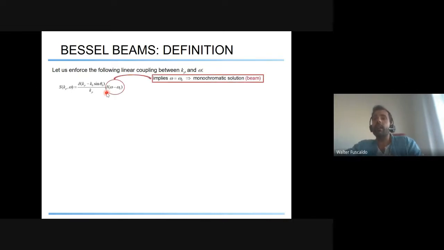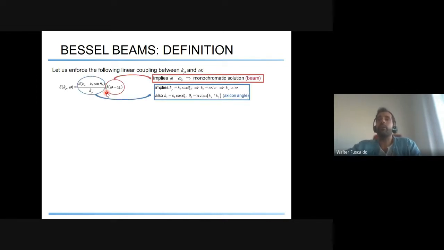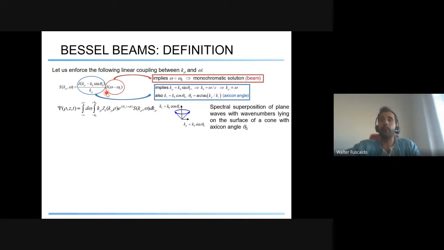In other words, we are actually asking our solution to be constituted by a spectral superposition of plane waves with wave numbers that lie on the surface of a cone with an axicon angle that is actually this theta 0, theta naught.